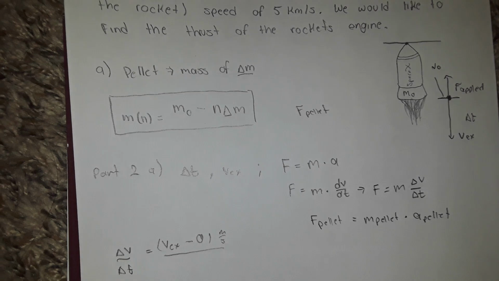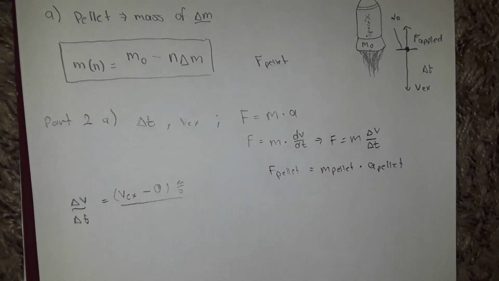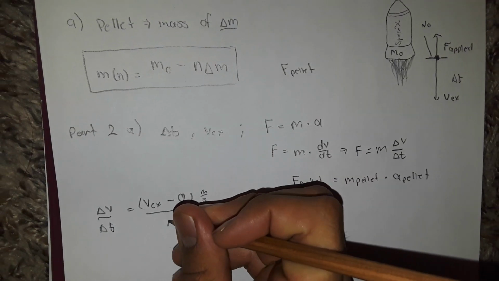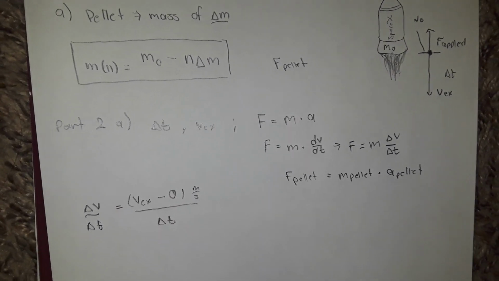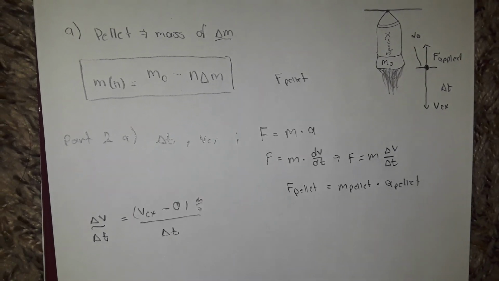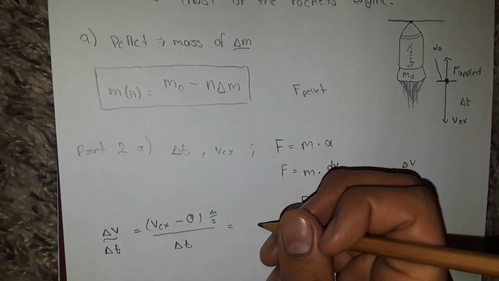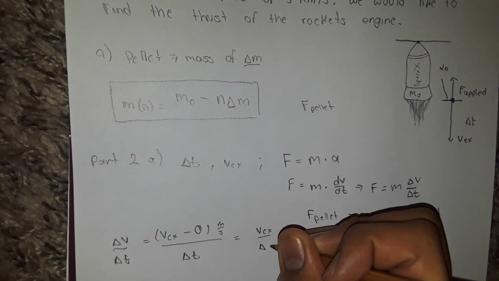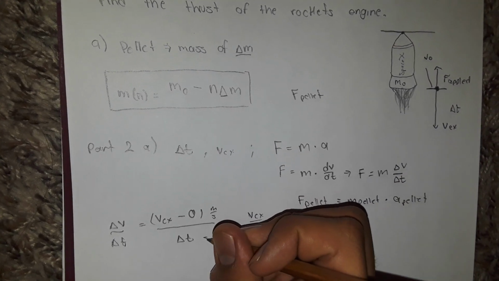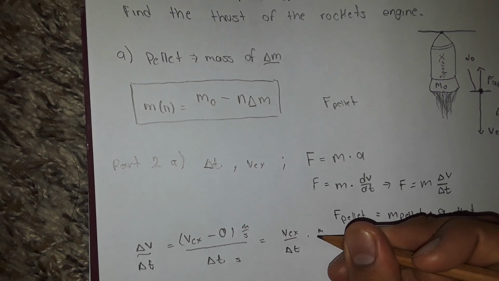We know that it took a time of delta t to accelerate that pellet. It doesn't really give us any more details, so we're just going to leave it like that. So in this case, Vx minus 0 is just going to be Vx over delta t, and this is in seconds. So we can see that we have units of acceleration.